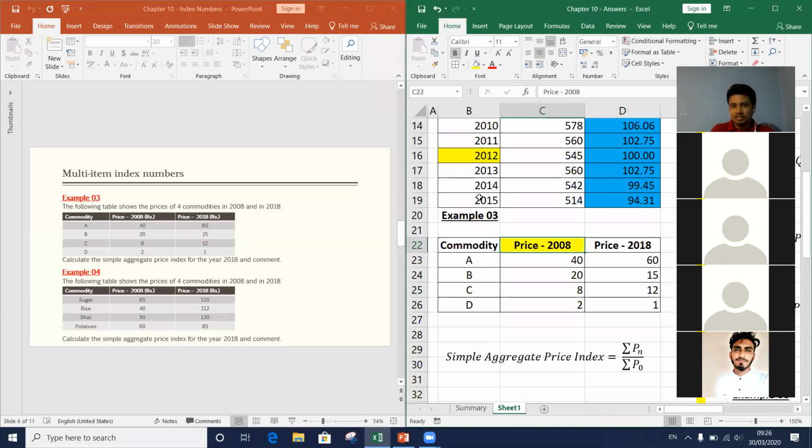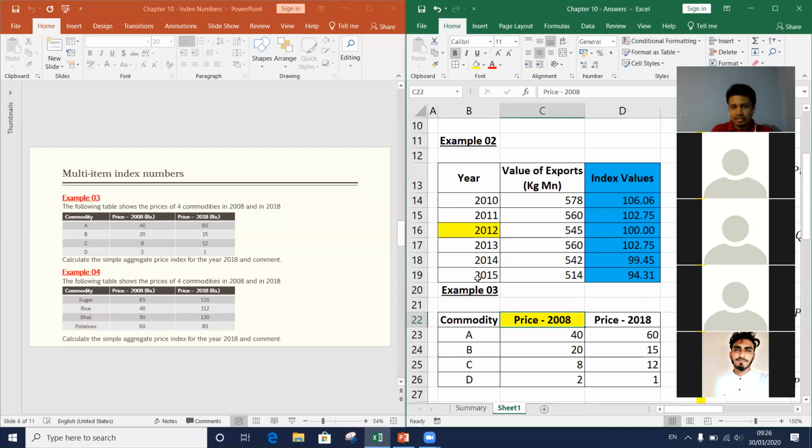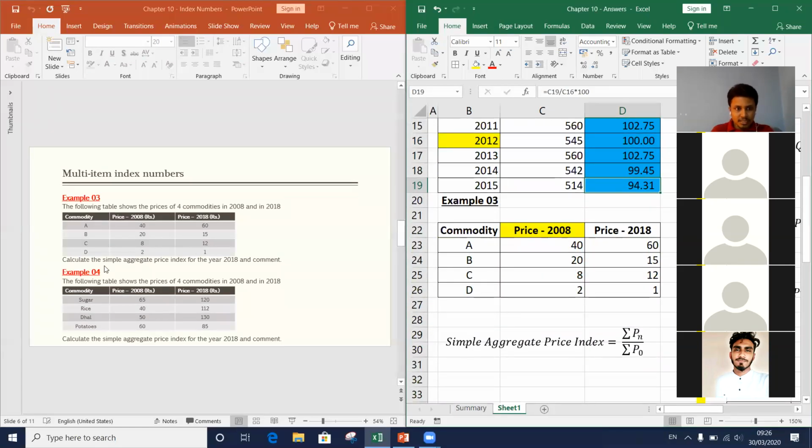For an example, I will move to example 2. අපි 2015 index value එක cal කරද්දී, we have calculated the index value for 2015. එතෙන්දී අපි base year එක විදිහට ගත්ත මොකද්ද? 2012.